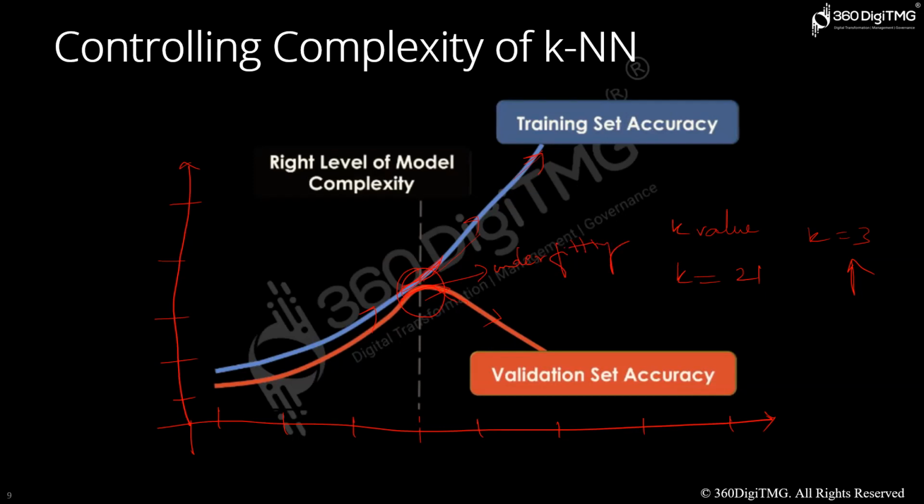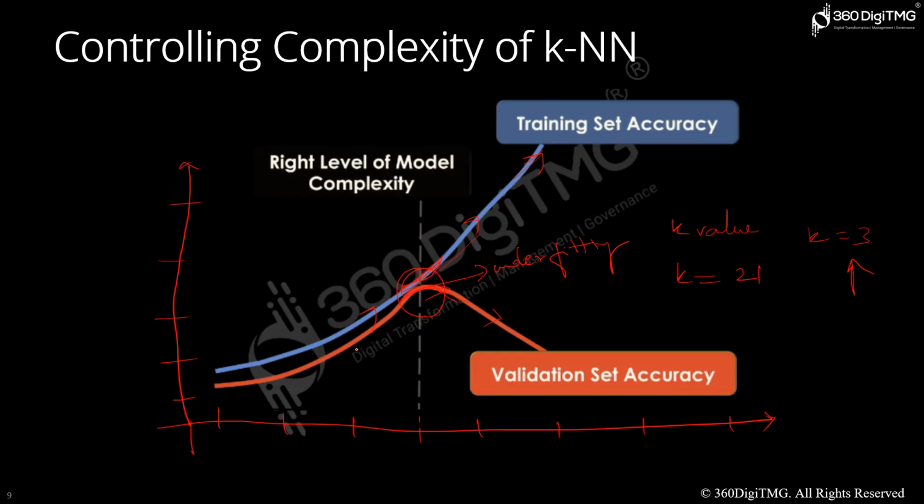Before we even talk about overfitting, let's see if the k value increases, the validation accuracy along with the training accuracy increases. This phenomenon is called overfitting.